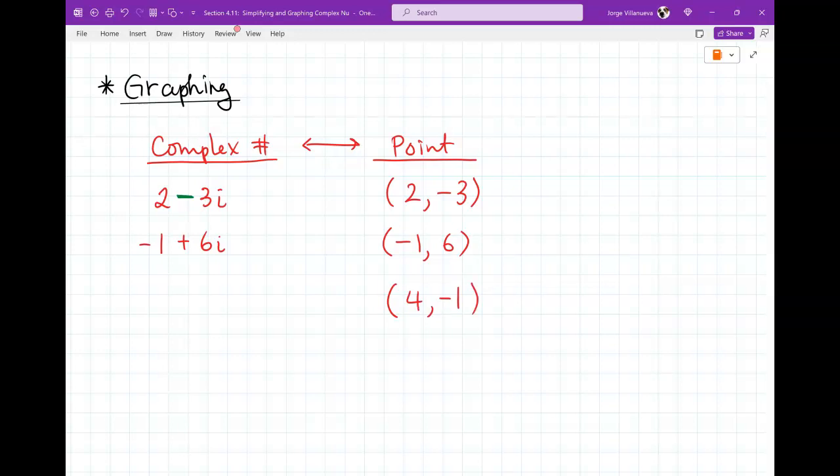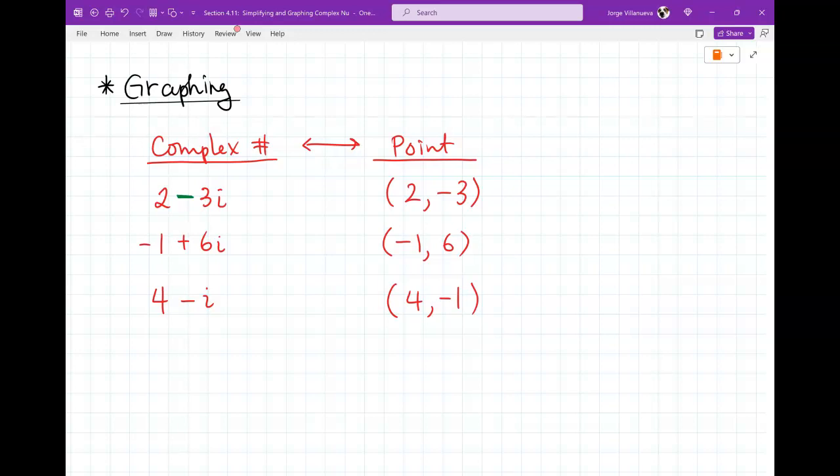How do I write that as a complex number? 4 minus i or 4 minus 1i, either way works just fine. But there you go. Okay, that's how you translate it, from a complex number to a point, or from a point to a complex number, okay? Either way works the same.